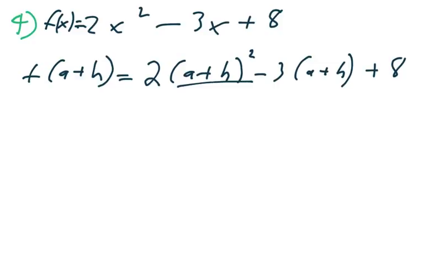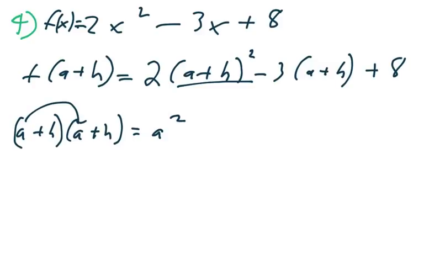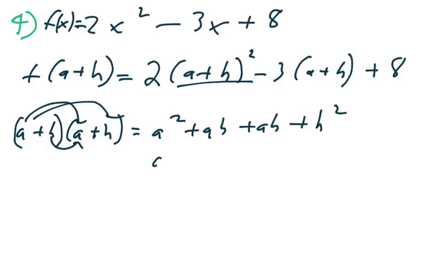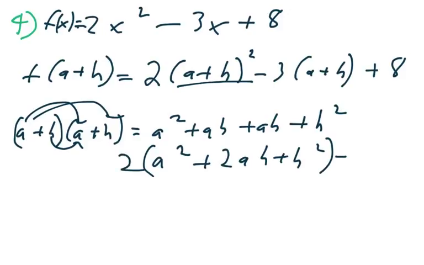So now, when I do a plus h squared, remember that is a plus h times a plus h, which, when we multiply it out, it's going to be a squared plus 2ah plus h squared. And then we're going to multiply that by 2. And then this green part here is 3a minus 3h.